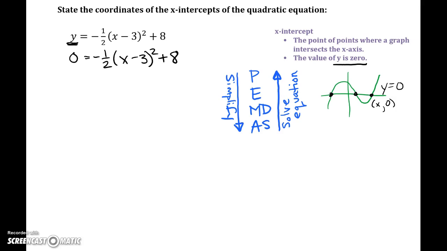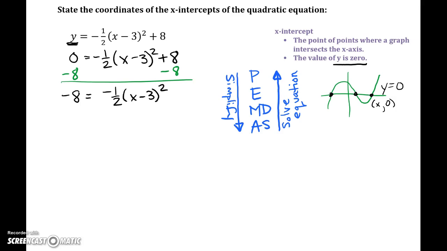Undoing +8 would require me to subtract 8, so I'm going to subtract 8 from both sides of the equation. That will give me -8 equals -1/2 (x minus 3) squared.